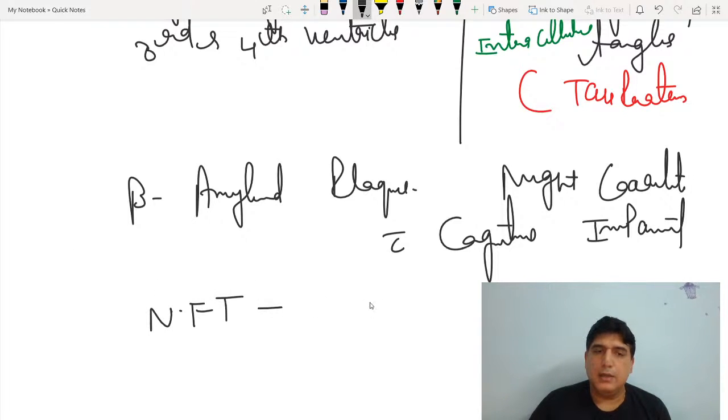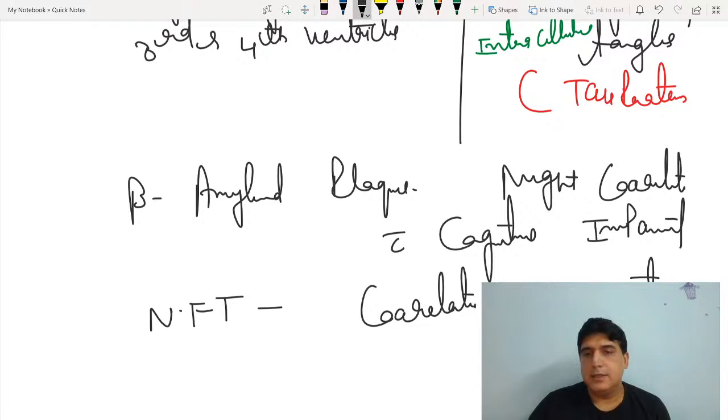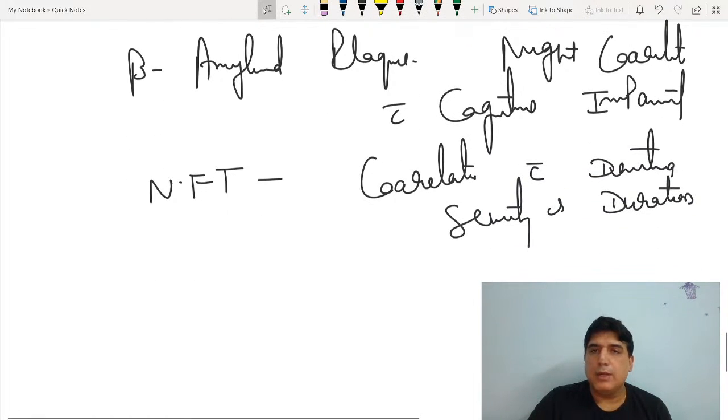Neurofibrillary tangle correlates with dementia severity and duration. That point you have to remember. So beta amyloid plaque might correlate with cognitive impairment. Neurofibrillary tangles correlate with dementia severity and duration. Okay?